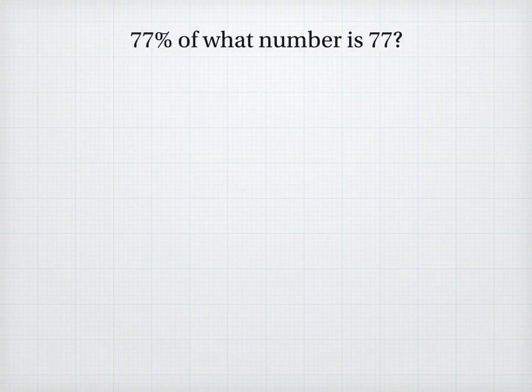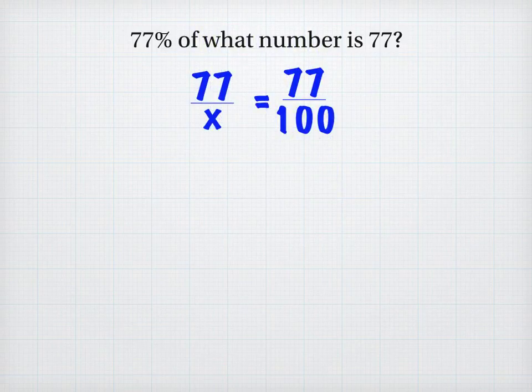The next example is a little bit different because it says, 77% of what number is 77? This one might be super easy for you if you read it. But is 77, so 77 is going to go on top. It says of what number, so my variable is going to go on the bottom because we don't know what number it is, equals 77 over 100 because it says 77%.